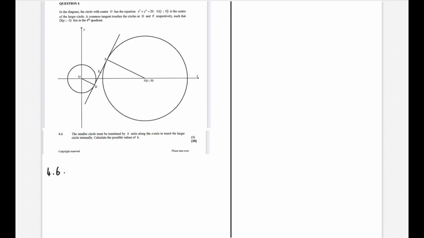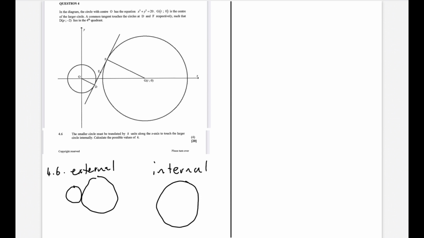Now, what does it mean to touch a circle internally? To touch externally means something like this: two circles externally touching each other. When we say two circles touch internally, we mean one circle is inside the other, but it touches it just at one point.